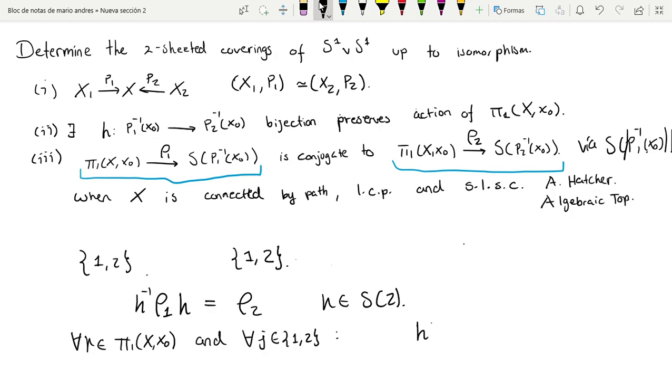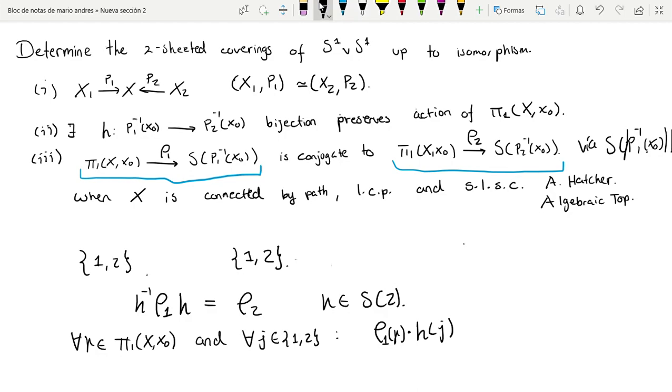H on J is a symbol, and so it makes sense to act via gamma and the covering space 1 on this symbol, like we already described earlier, and we get another symbol of the 1, 2 set.